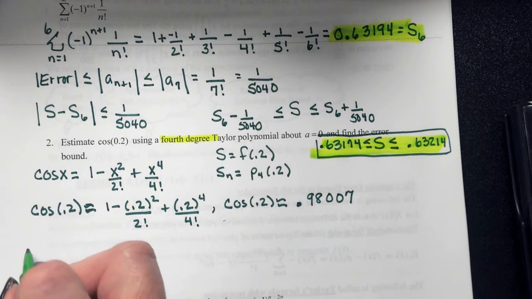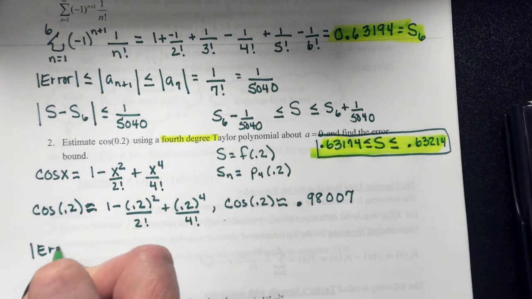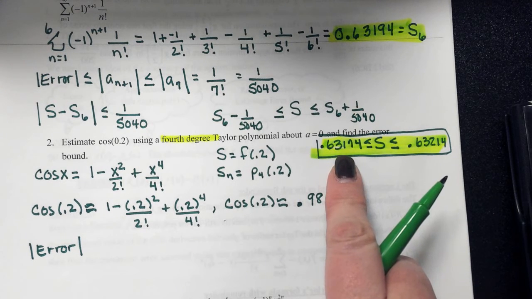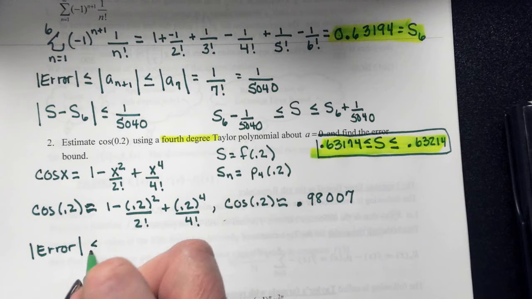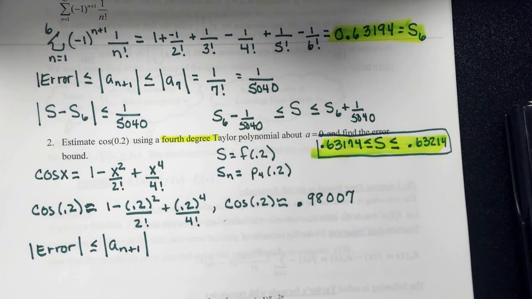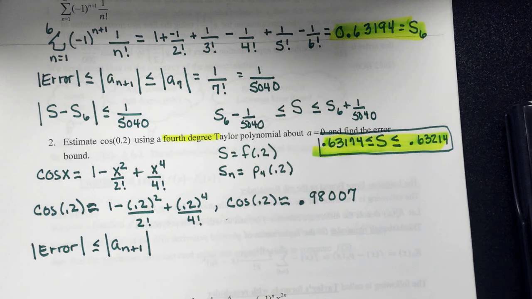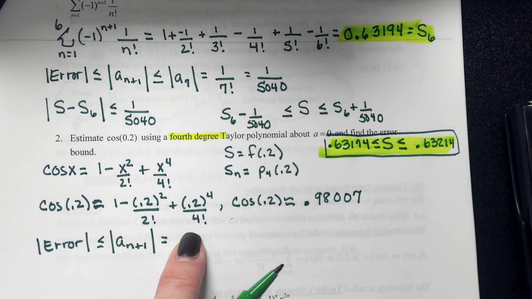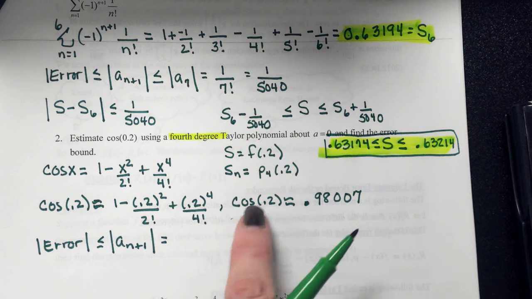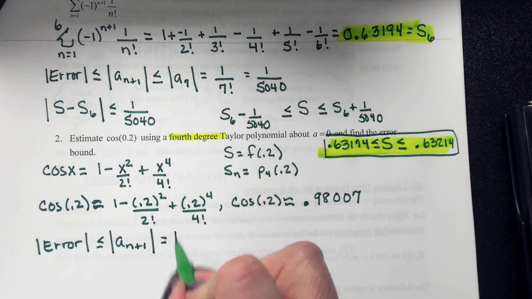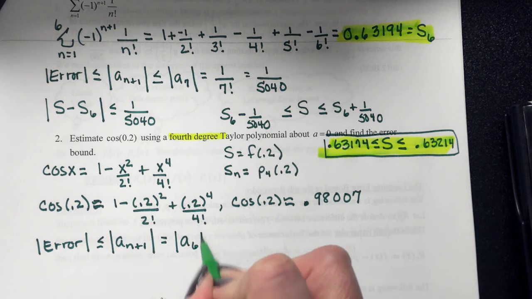So now remember, the error. Again, finding my error bound, it's an alternating series, so it has to be less than or equal to the first neglected term. Since this is omitting all of the odd powers, the next neglected term in this particular series is going to be the absolute value of my 6th term.